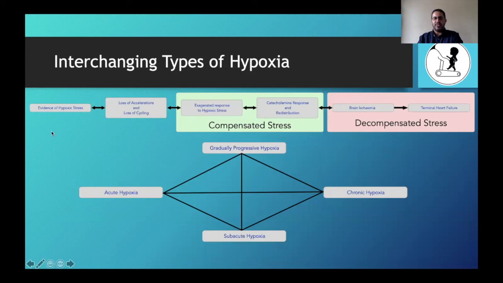Most babies, unless they have chronic hypoxia to start with, end up with some evidence of hypoxia and things start getting worse from there. Most of the time, babies do not jump steps. They will follow the steps along the way. However, if the hypoxia interchanges, let's start with a baby that has gradually evolving hypoxia, showing some decelerations, it's lost accelerations, and suddenly it goes into subacute hypoxia.